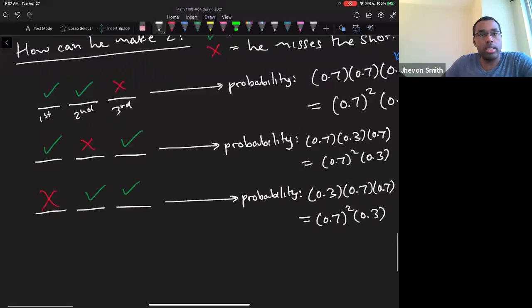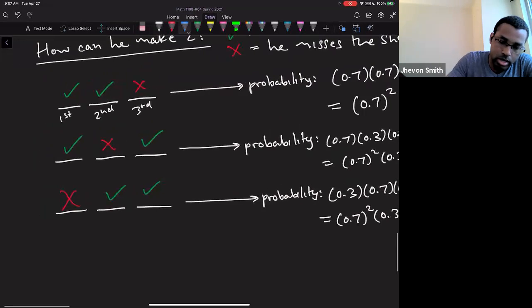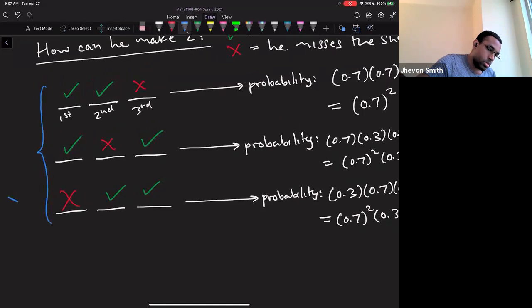Now you'd also notice that this accounts for all possible ways that he could make 2 out of the 3.